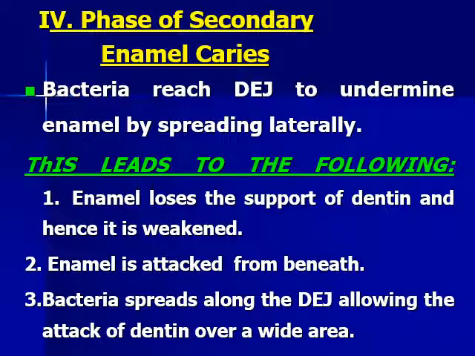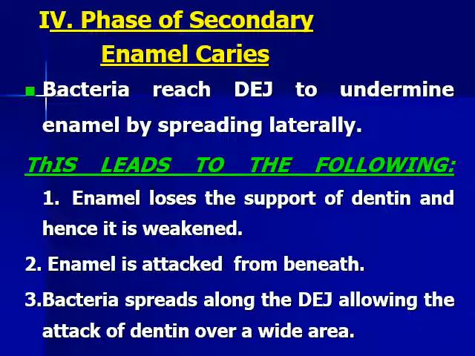So, last thing to say is, when secondary enamel caries occur, or when the bacteria and the acid spread at the amelodentinal junction, what do we get? We get three things. First of all, this enamel loses its support from the dentine side, and then it's weakened and it can fracture and cause a cavity.